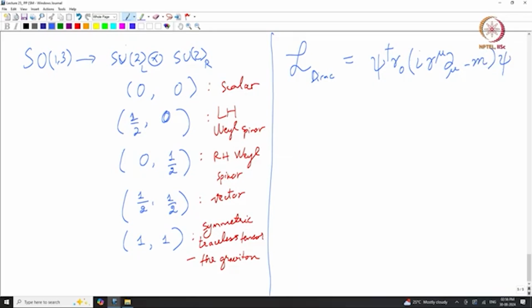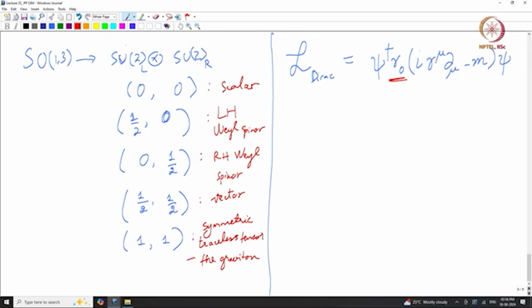Okay, notice the gamma naught here. Out of nowhere I have put this in, right? This doesn't look like anything that we see in the other Lagrangians, the Klein-Gordon or the Proca Lagrangian, correct? But you do need the gamma naught.